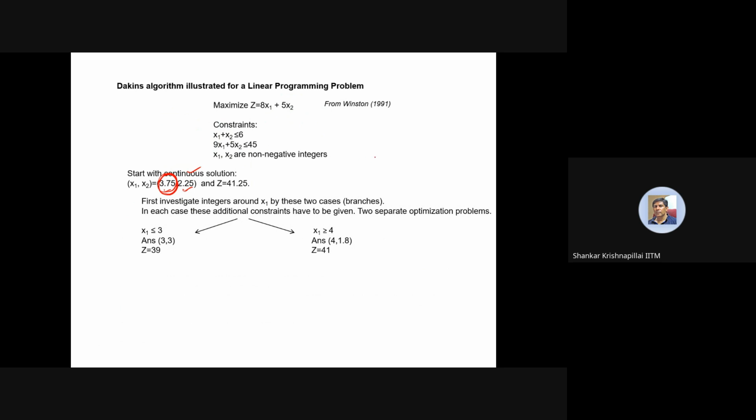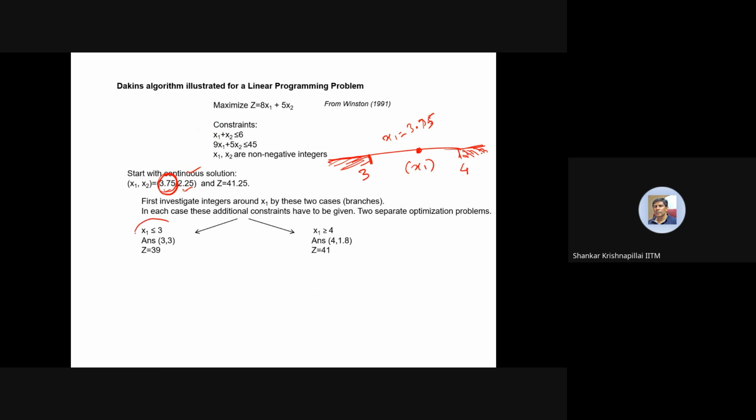So you can see the integer scale, 3, 4. x1 is now 3.75. So we want to investigate the integers 3 and below and 4 and above. This is for the variable x1. So 3 and below, 4 and above. Okay. So what you do is that you make two further linear programming problems.